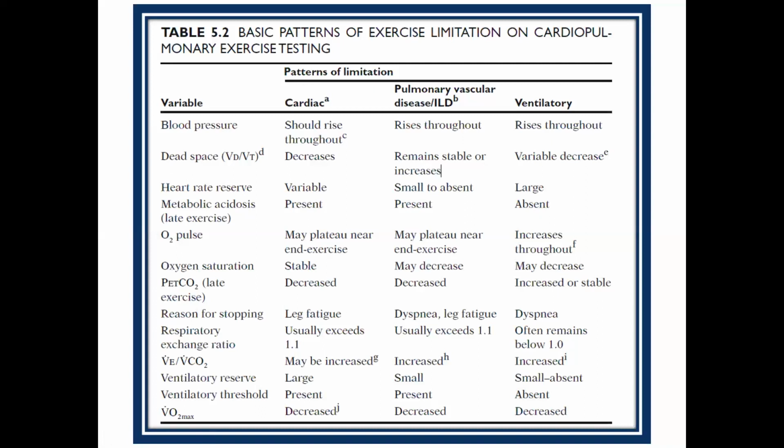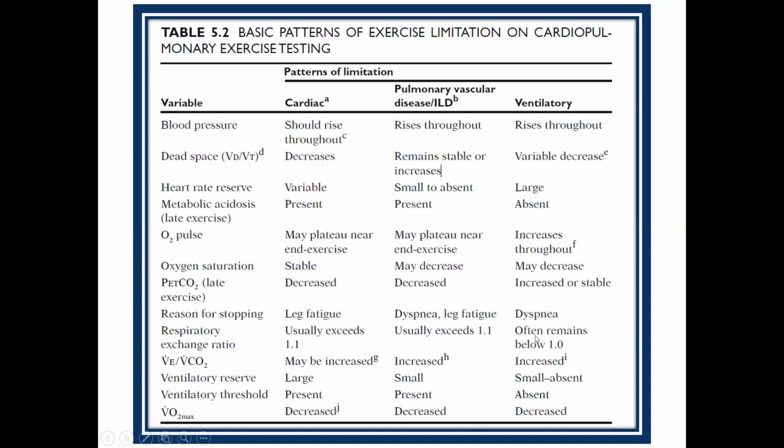into the skeletal muscles. So RER goes above 1 when your VCO2 goes over your VO2, because that's what RER is. RER is VCO2 over VO2. So if you're not hitting that, your RER can be 1 or less. So if you're not hitting anaerobic threshold, your RER can be less than 1.